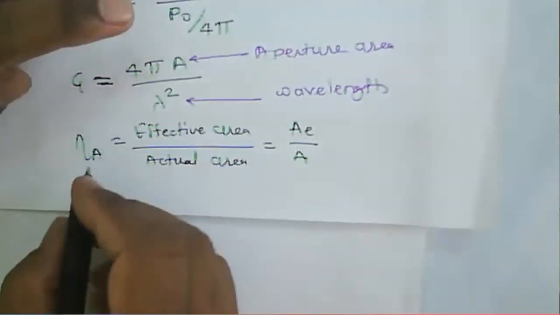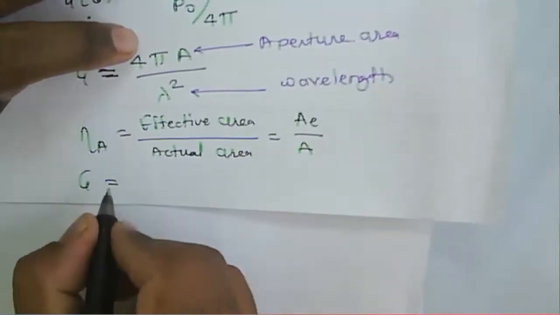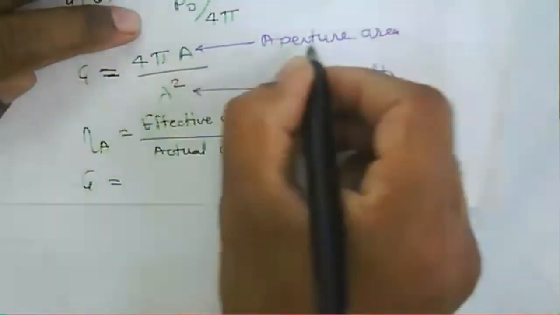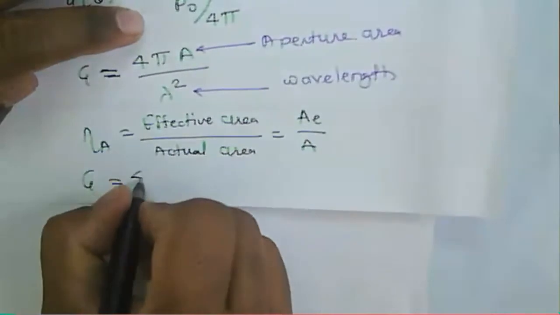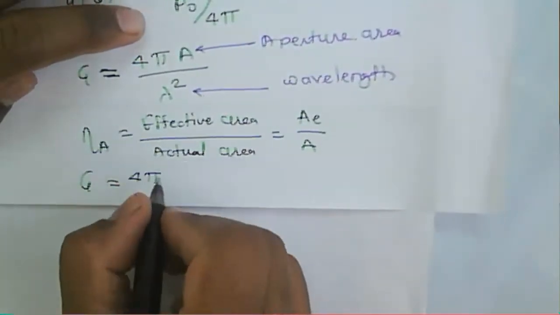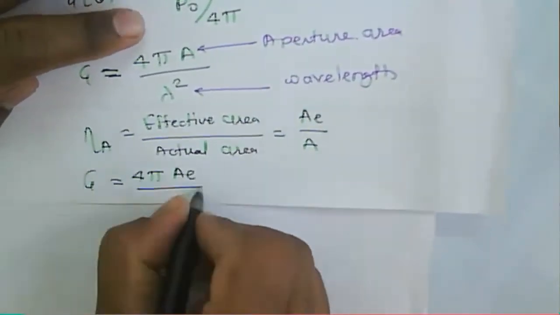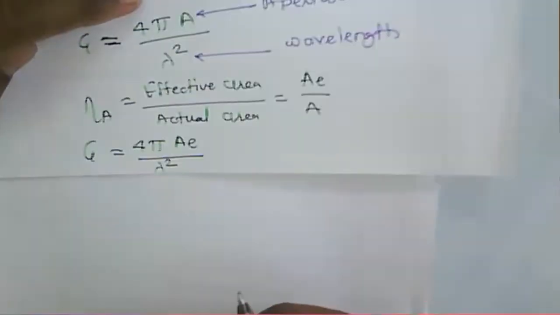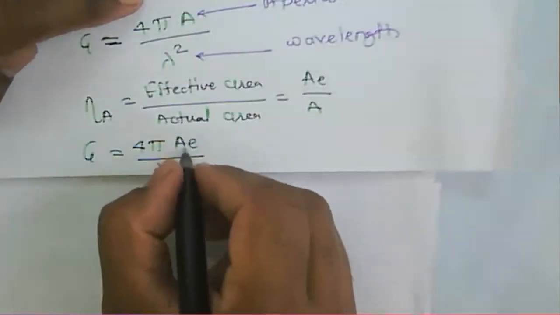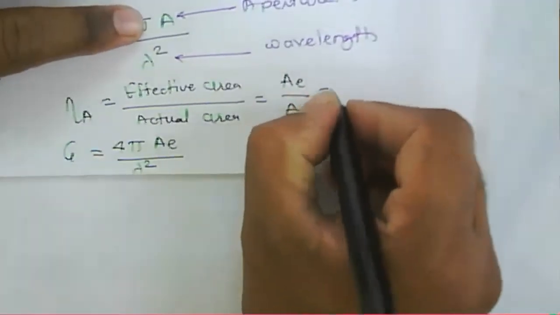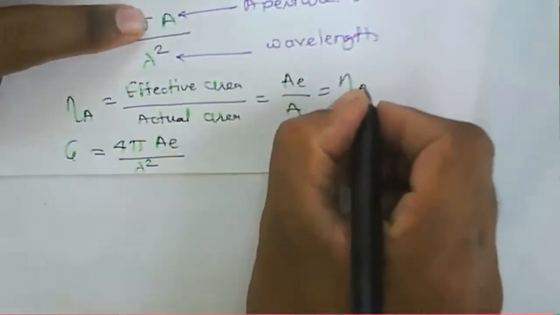So that's why we can rewrite the equation or term of gain: instead of area or aperture area, we can write the effective area with respect to lambda square. And if we calculate that effective aperture area, that is about eta A here.